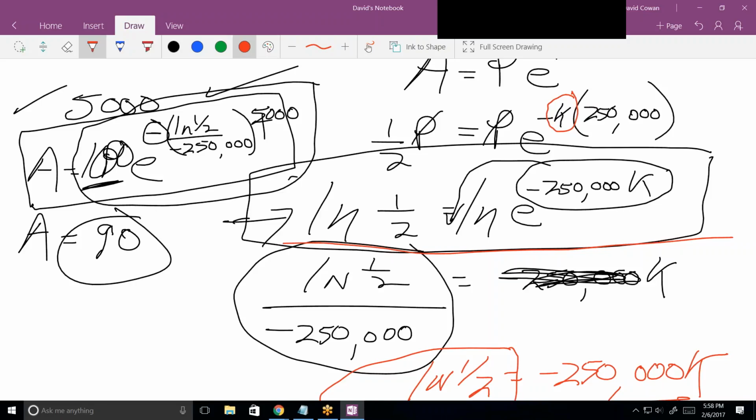I don't even think my teacher taught us this with the negative. Well, maybe she didn't. I had to kind of self-correct myself a couple of years ago because I used to not use it either. Because you got the correct answer, whether you use the negative or you don't. You get the same answers. I'm not sure why math books put the negative in there, but if I open my pre-calc book up right now, it'll have a negative kt.